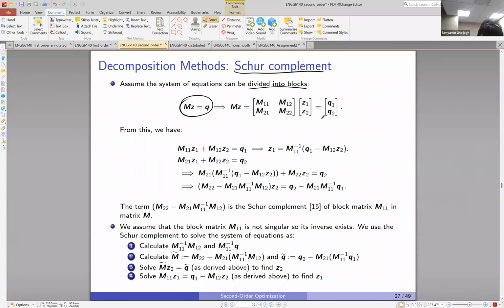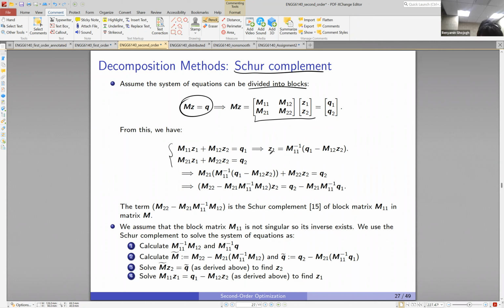Okay, let's do this. So when we multiply this matrix into this vector, we'll have these two: M11 times Z1 plus M12 times Z2 equals Q1. Also M21 times Z1 plus M22 times Z2 equals Q2.